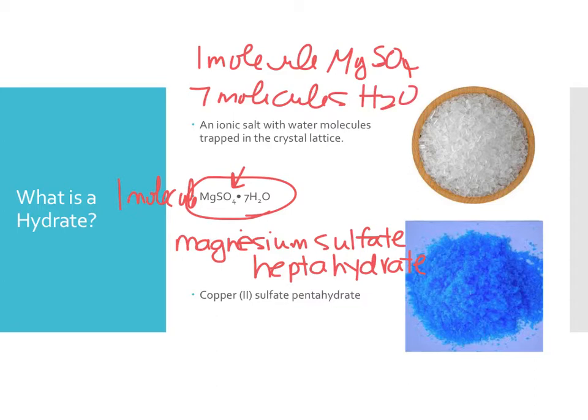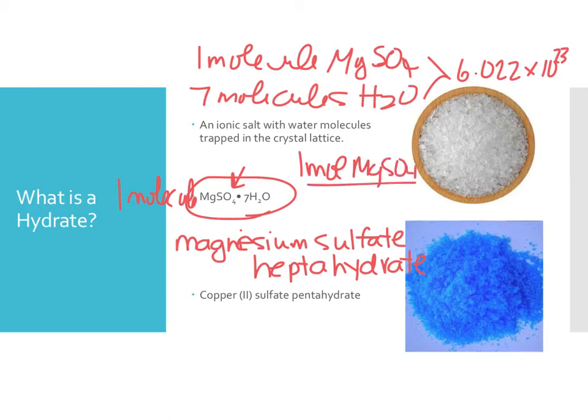Now, if I multiplied both of these by 6.022 times 10 to the 23rd, then I could say that for every 1 mole of magnesium sulfate, I would have 7 moles of water.